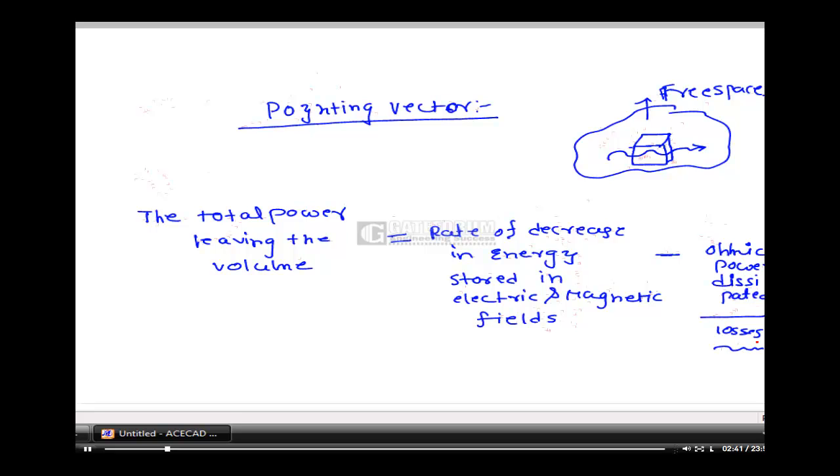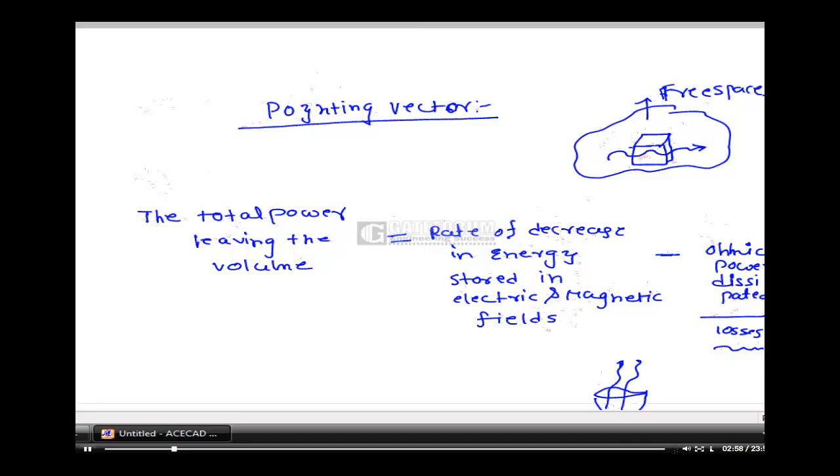Due to some losses. The best example is, suppose you take hot coffee or hot tea in a cup, like this.